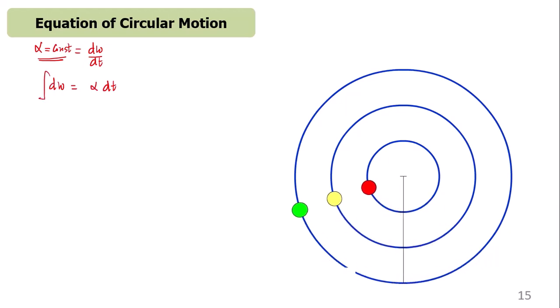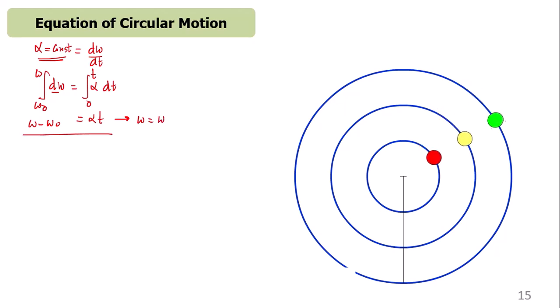Now integrate it. When the time is 0, the initial omega is omega naught, the final omega is omega at time t. Alpha is constant and taken out, the integral of dt is t, so omega minus omega naught equals alpha t. Finally, rearranging, omega equals omega naught plus alpha t. First equation. Got it? Okay.